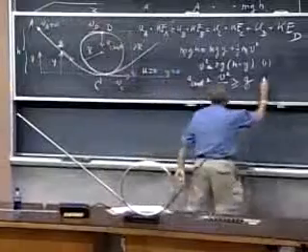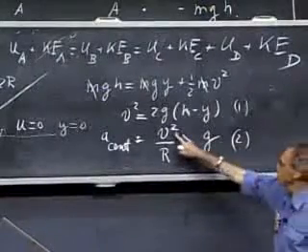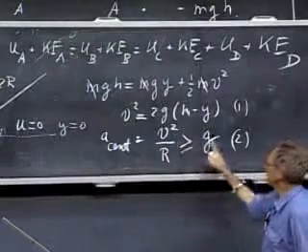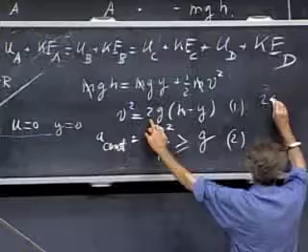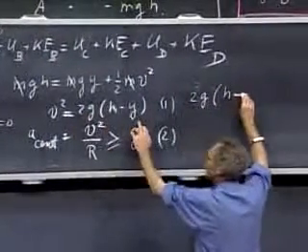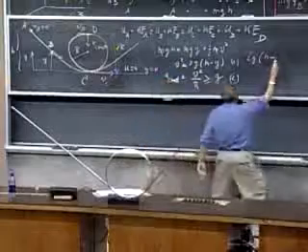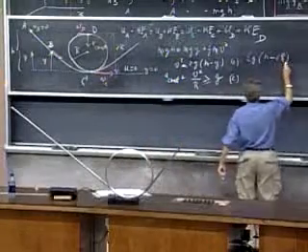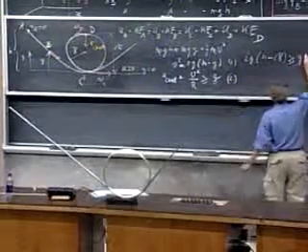So this is my second equation that I'm going to use. Look very carefully. v squared must be larger or equal to gr. So I have here v squared, which is 2g times (h minus y), but y for that point D is 2r. So I put in a 2r, must be larger or equal to gr.